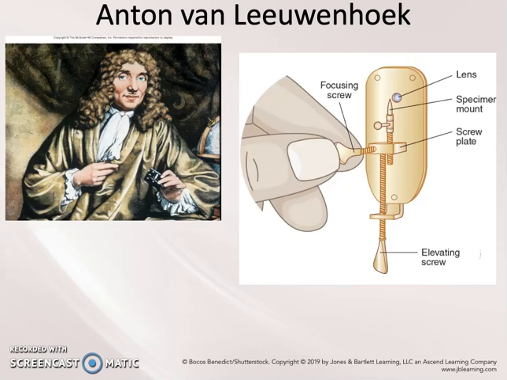Due to his very deliberate and careful ability to generate small lenses, he was able to build simple microscopes, so they only had a single lens, but with much more powerful magnification. His magnifications were almost 10 times stronger than Robert Hooke's.